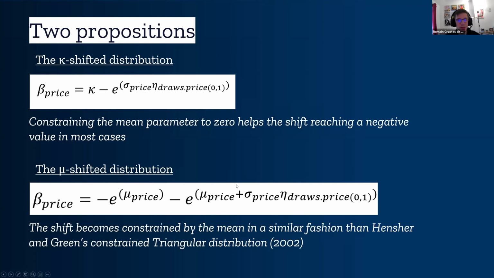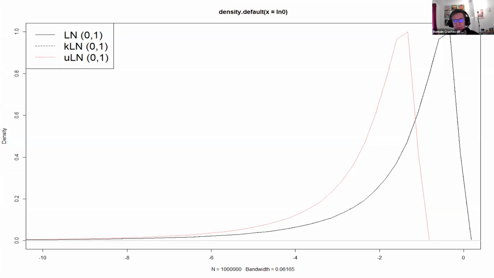So in essence, we reuse the same parameter twice to define the preferences for the price. As we can see, they are both negative exponential, meaning that they cannot reach a positive value. And as we will see in the following distributions, this is going to prevent the distribution of the price from reaching values which are too close to zero in most cases.